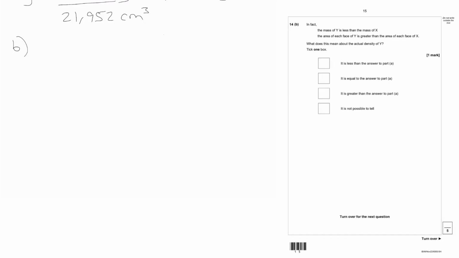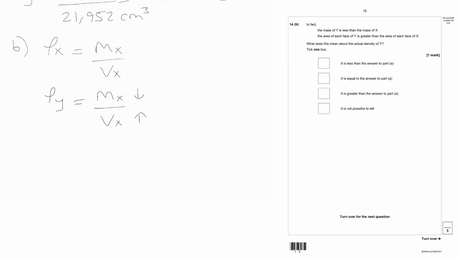So moving on to part B, and we're told that the mass of y is less than the mass of x, and the area of each face of y is greater than the area of each face of x. So if we say that the density of x is equal to the mass of x over the volume of x, and we say in the case of y, it's going to be less than m of x for the mass, and for the volume is going to be greater.